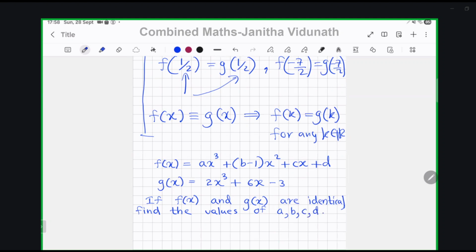Write down the question first. f(x) is equal to this, g(x) is equal to this. Then our question is, if f(x) and g(x) are identical, find the values of a, b, c, d. First write down the question, then I will explain how to do this kind of question.